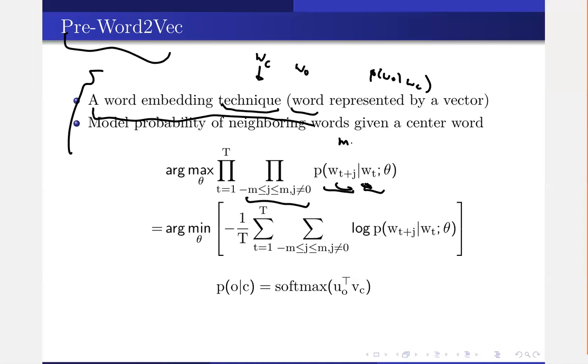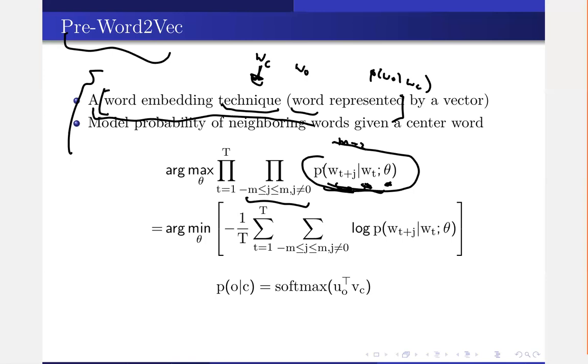I can take M equal to 2, then for whatever the center word is, we consider 2 words before that and 2 words after that. And we want to find the model probability distribution here. So for different theta, we have different conditional probabilities. We want to maximize over theta such that, given our training data, this product of conditional probabilities will be maximized.